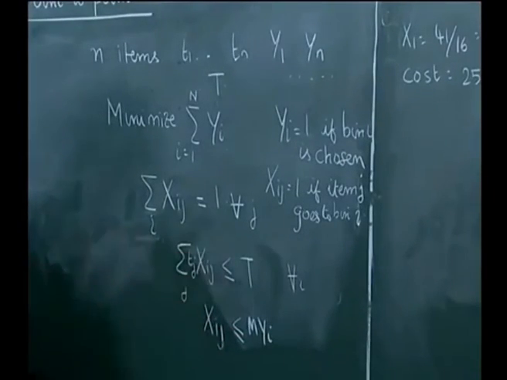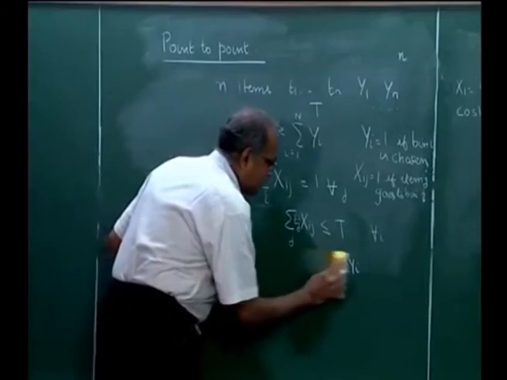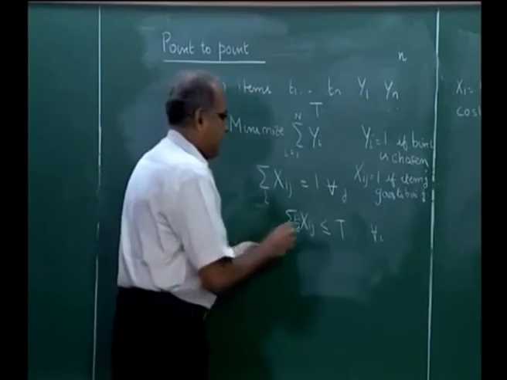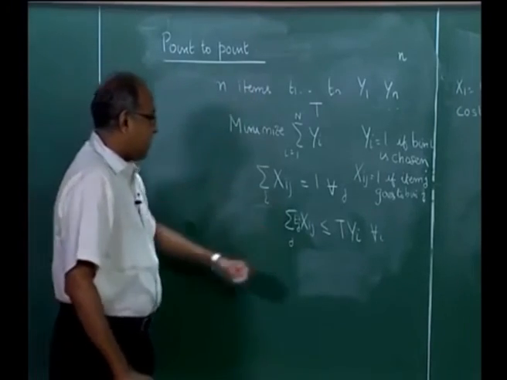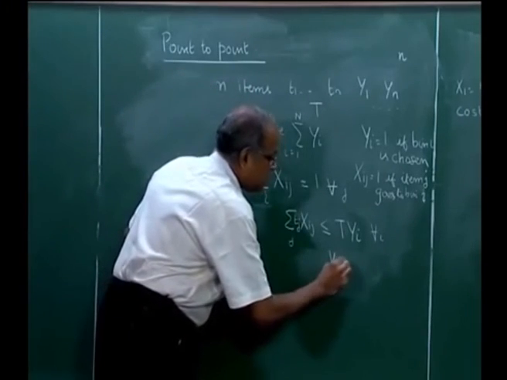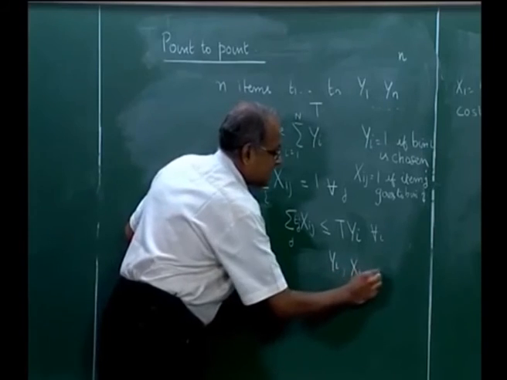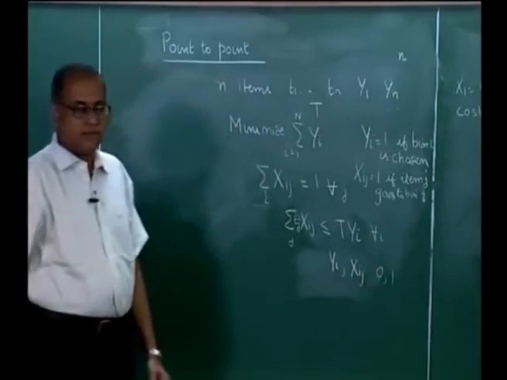Now, this has more constraints. So, this constraint can be eliminated by simply putting t into yi. This is the formulation of the bin packing problem. Both yi and xij's are binaries.